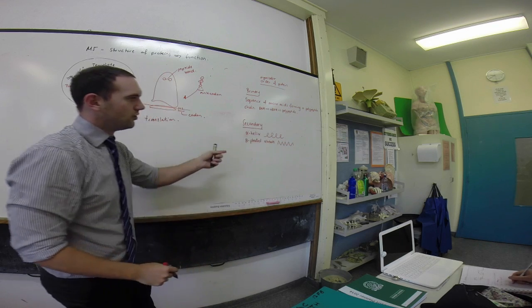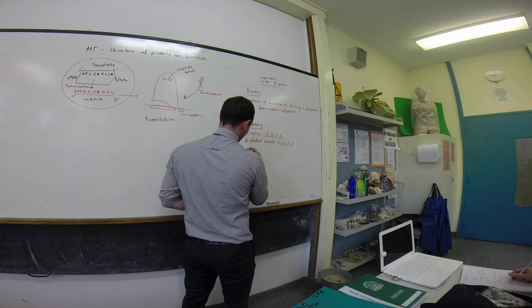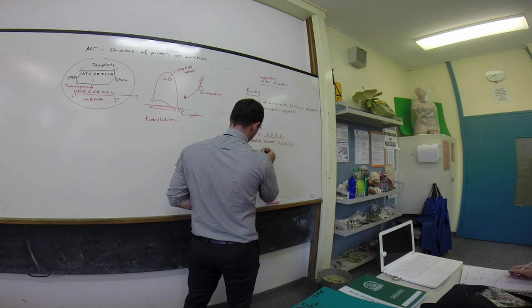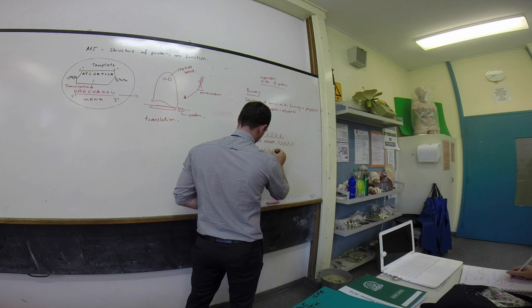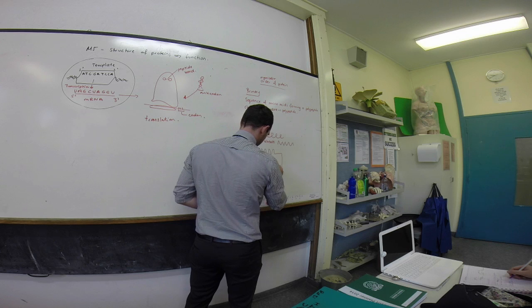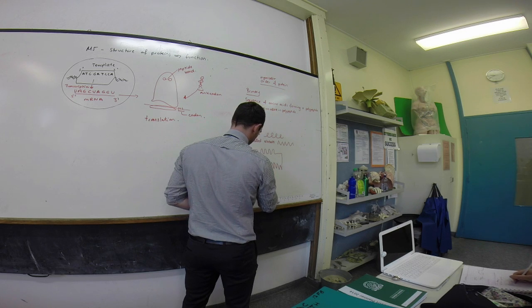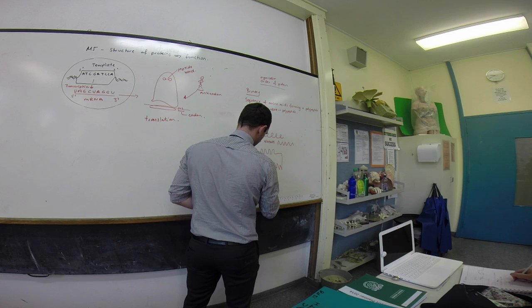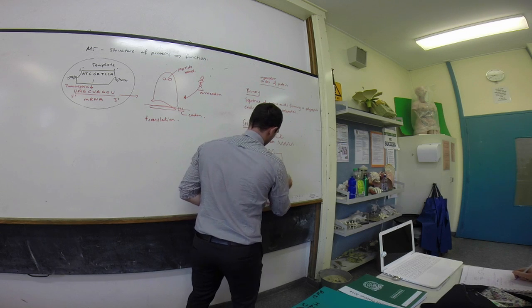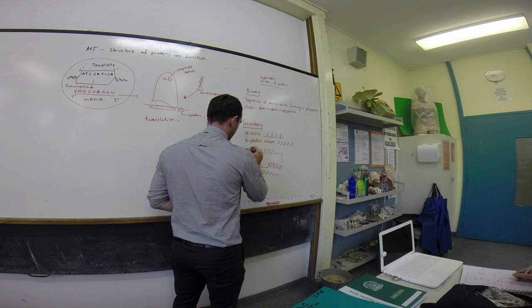Okay? So if we were to draw that secondary structure, we're going to have something like this. And these are all just amino acids.